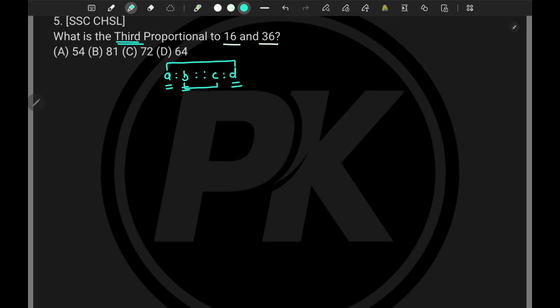This is a logic to remember in the examination. Now tell me, what are 16 and 36? 16 is the first, the antecedent, so 16. B is the mean, which is given as 36. Again, C is given as 36, but we have to find the third proportional, which is x.